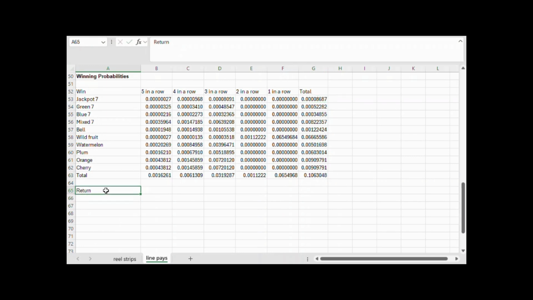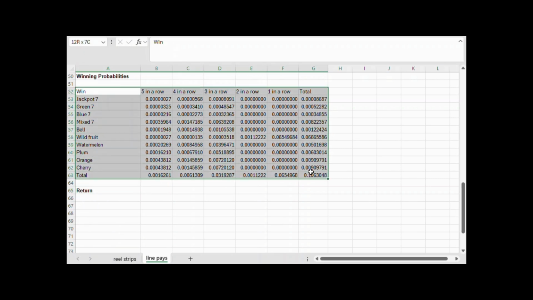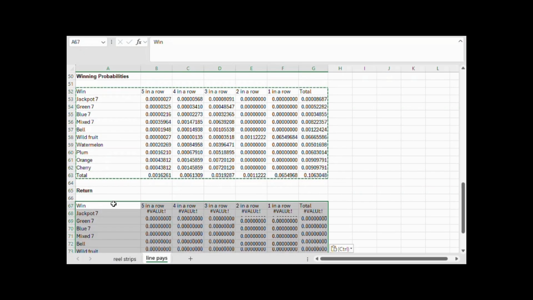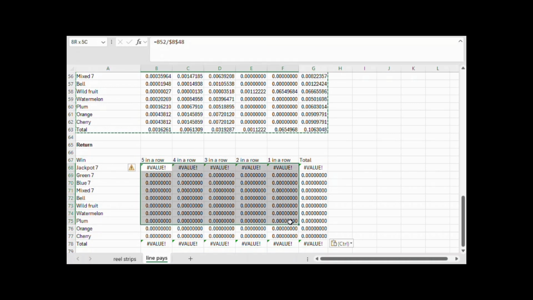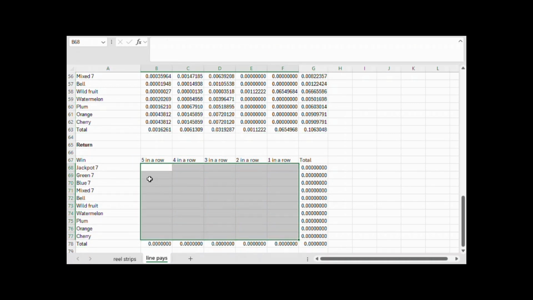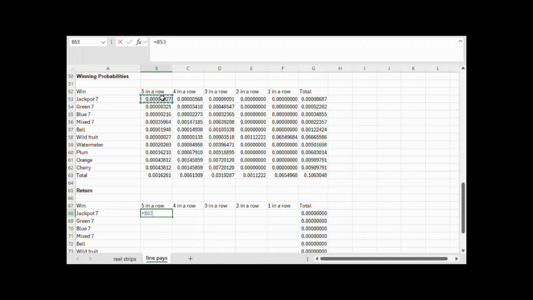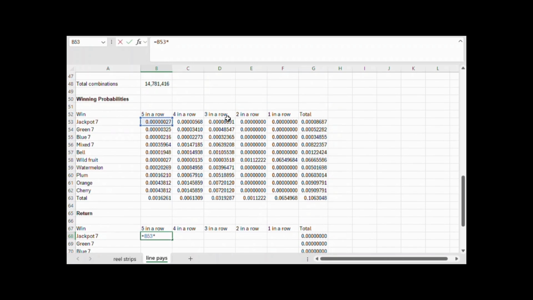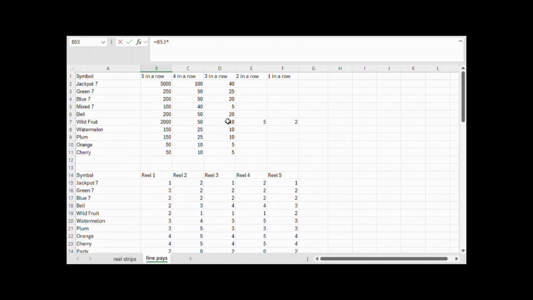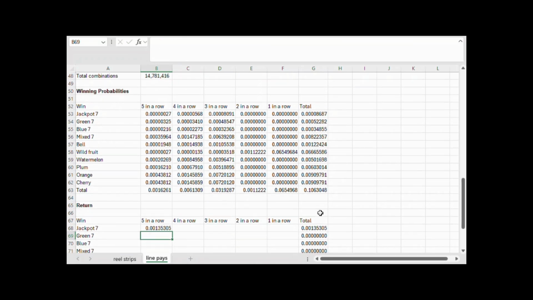And now, to get the contribution to the return, it's very simple. We just multiply the probability by what it pays. So here's the probability, and we go up to the pay table to see what it pays. And I believe that everything is still in the same order. The combinations are in the same order as the pay table itself.